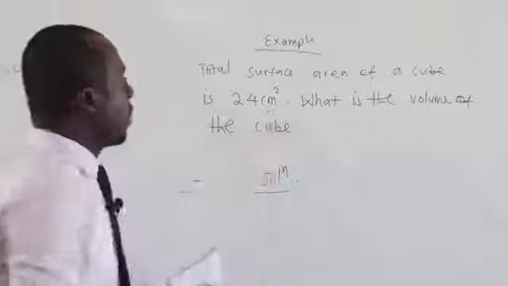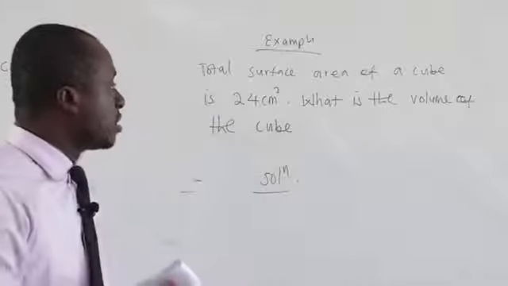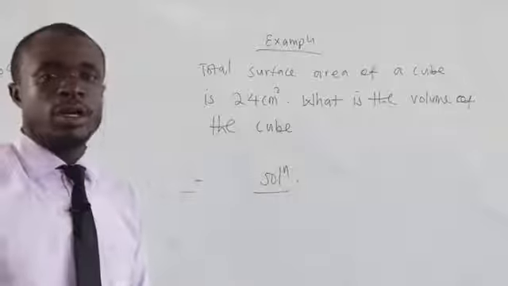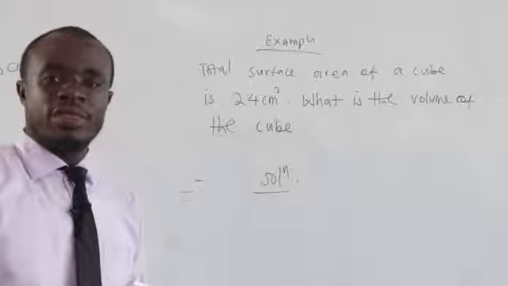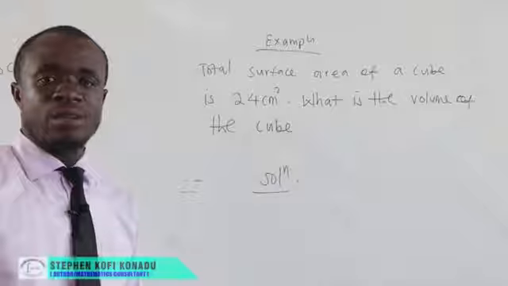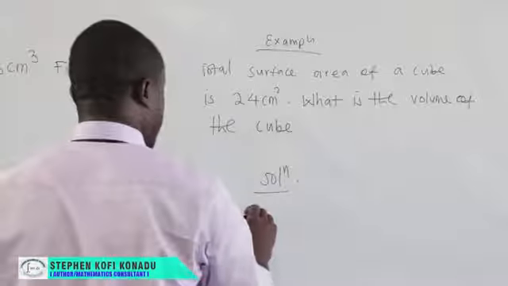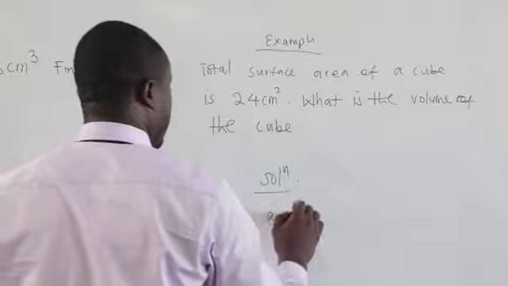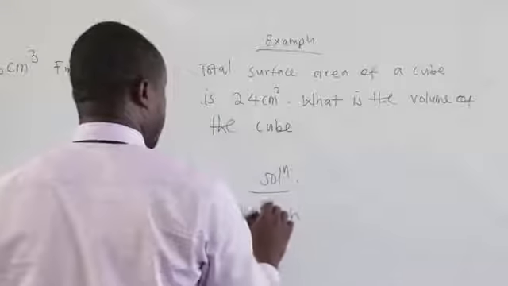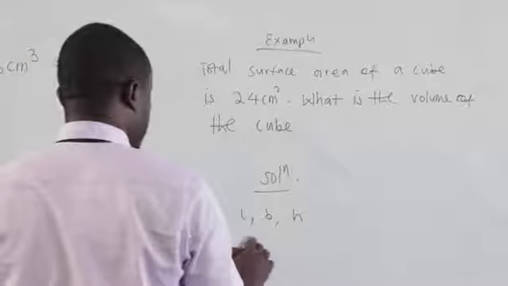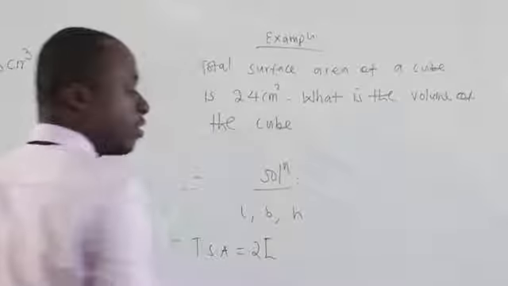Total surface area of a cube is 24 centimeters squared. What is the volume of the cube? Now for a cube, the length, the breadth, and the height are all the same. Now our total surface area, you know there will be a factor of 2 outside.